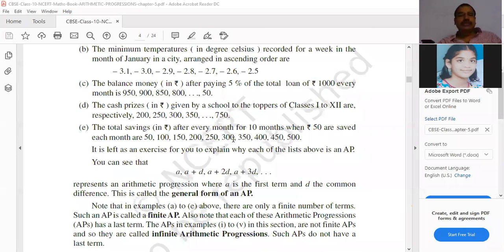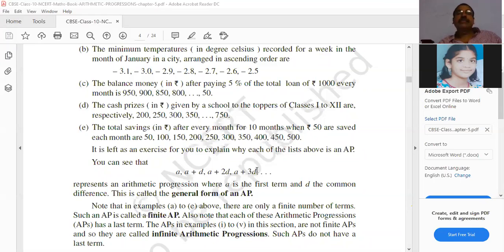Now the general form of an AP is, you see, a; if we add the common difference, a plus d; if we add the common difference again, a plus 2d; then a plus 3d, and so on. a means the first term a1, a plus d means a2, a plus 2d means a3, a plus 3d means a4.